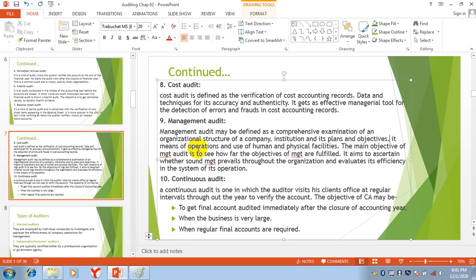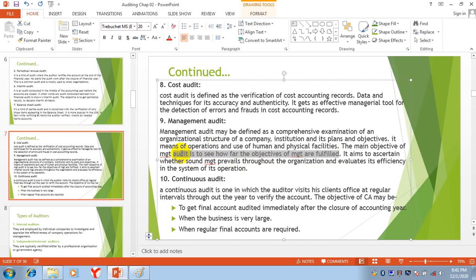It means, just simply, it is checking the human and physical facilities. Management audit is concerned with the audit of human and physical facilities. The main objective of management audit is to see how far the objectives of management are fulfilled.